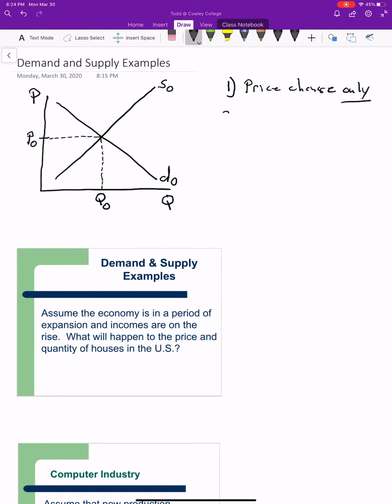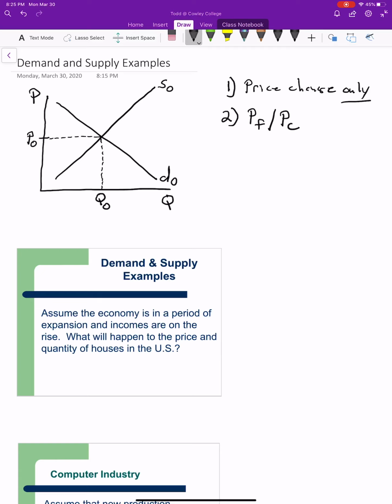If that doesn't occur, then be looking for either price floors or price ceilings. You have the knowledge now of drawing the price floor or the price ceiling, and then doing the analysis to see whether you have a surplus, a shortage, or neither.